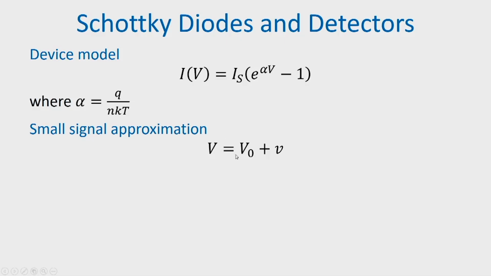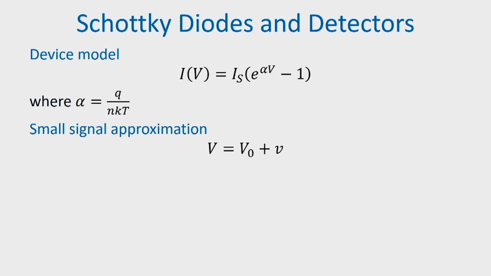So, let this voltage V consist of two parts, V naught, which is the DC bias voltage, and small v, this is the AC component of the voltage.